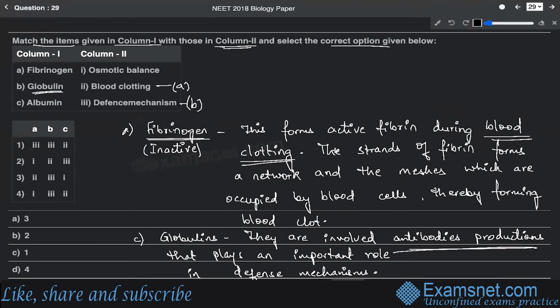So they are related with defense mechanism.